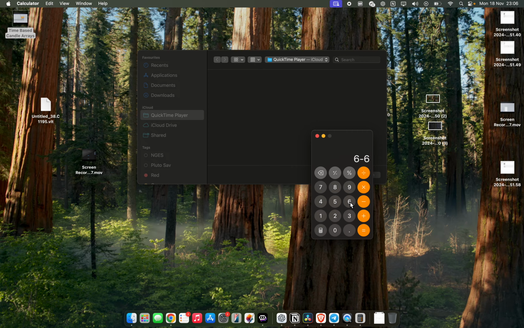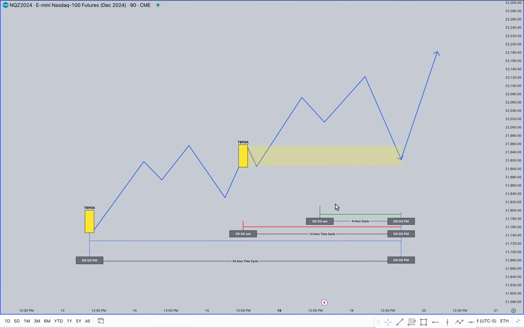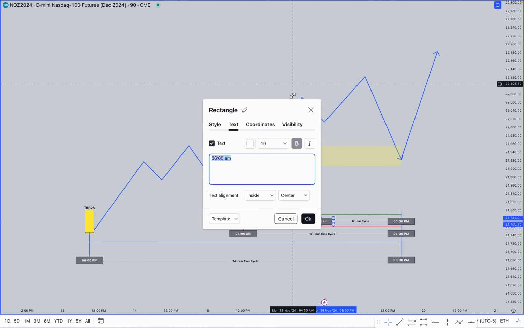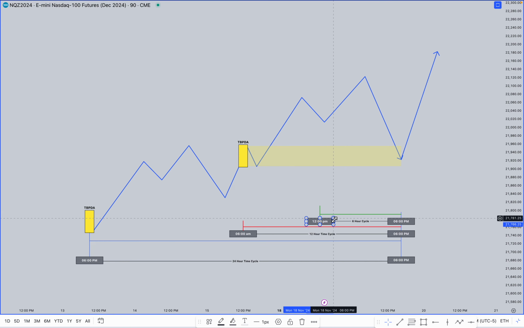minus 6. That would be what time right there? That would be midnight. No, that would be 12. Why am I confusing myself? That would be 12. And then this right here would be midnight.